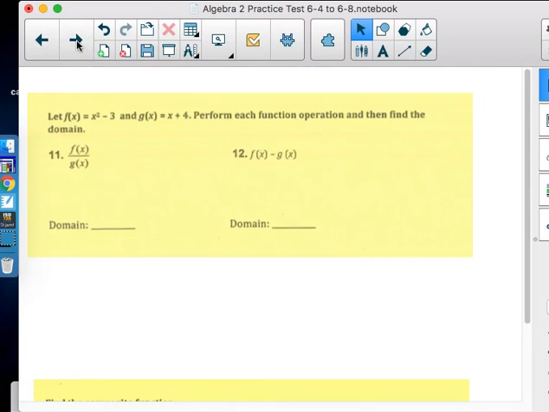Let's see. Let f of x equal x squared minus 3 and g of x equal x plus 4. Perform each function operation and then find the domain. I remember these. We actually need to talk about domain right away. Otherwise we might miss something. So what are the 2 things that cause us to restrict the domain?